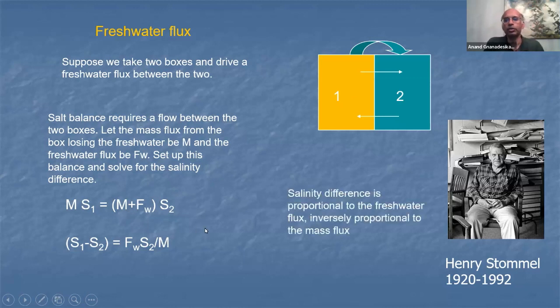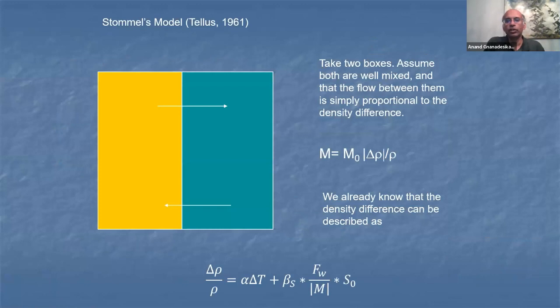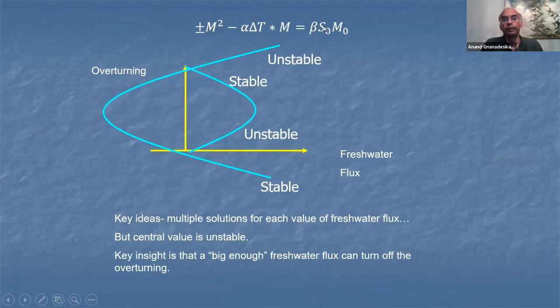And what Stommel proposed was that that overturning would be proportional to some coefficient of proportionality times the density difference. Since we know that this density difference can be described as a difference due to temperature plus this difference due to salinity, which is itself a function of the freshwater flux and overturning, we can plug this in here and we get a quadratic equation.